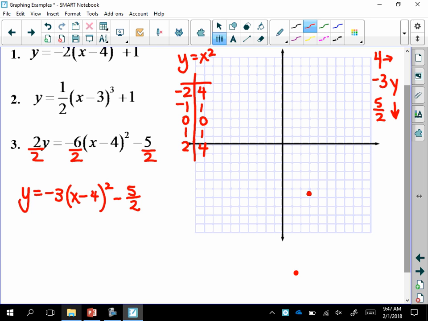Next point is 0, 0. And remember, if it helps, that's the vertex of the parent function. And remember, the graph is symmetric about that vertex for a quadratic function. So once I find this point's placement, I should be able to do some symmetry. So I'm going to move 4 units to the right.